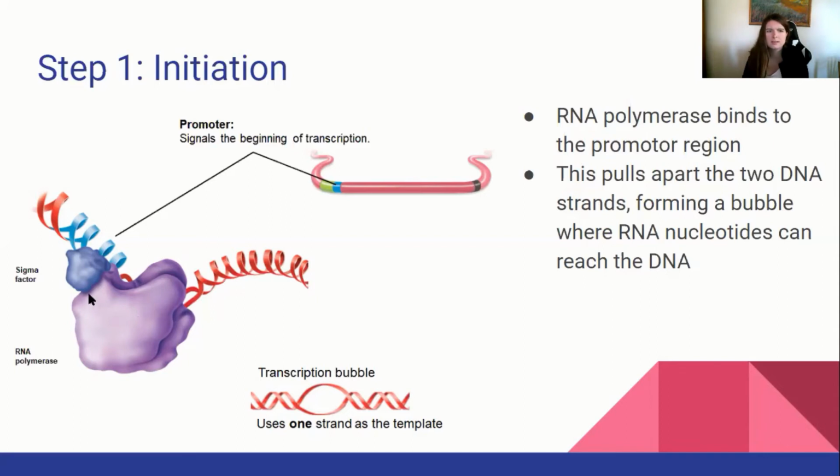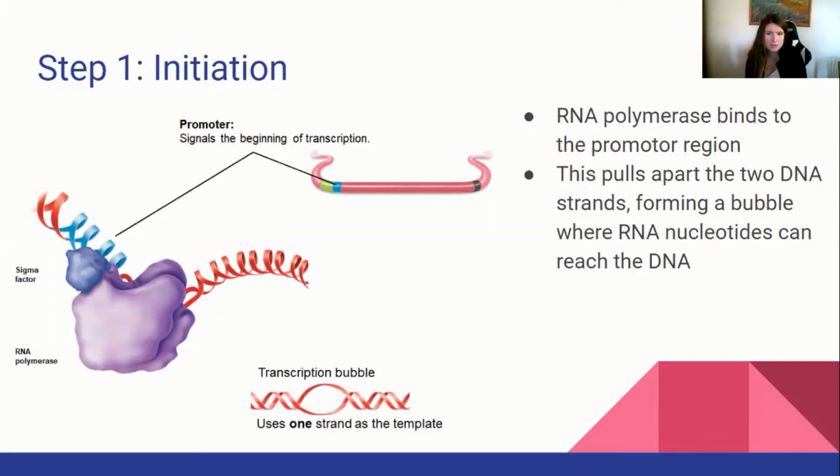It's got some sort of helper molecules. Here you can see one called the sigma factor, helps it recognize the promoter region. But RNA polymerase is the important thing to remember here. So RNA polymerase is kind of like DNA polymerase. When we talked about DNA replication, we had DNA polymerase pulling in our new DNA nucleotides.